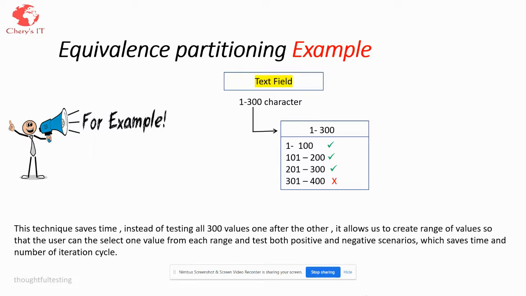Any value between 1 to 100 will pass. Any value between 101 to 200 will pass. Any value from 201 to 300 will pass, but anything beyond 300 should fail. So this technique helps us save time and divide our criteria into ranges. Hope that's clear. If not, please write your questions in the comment box.